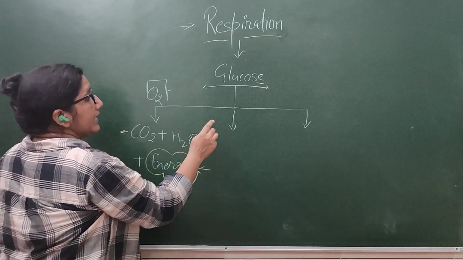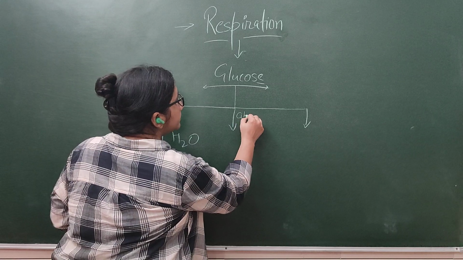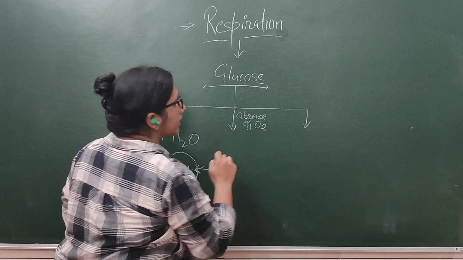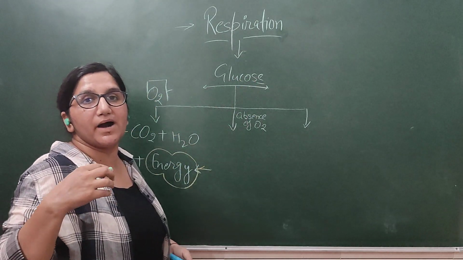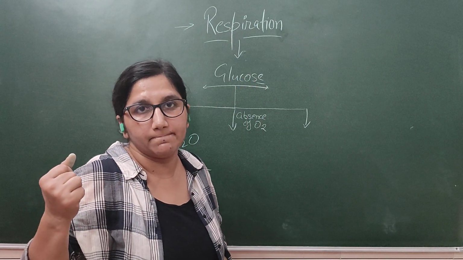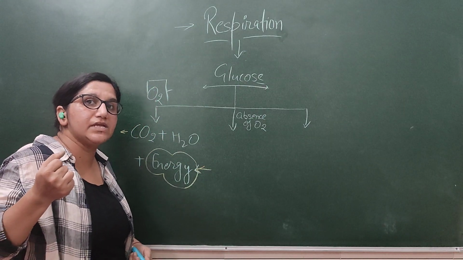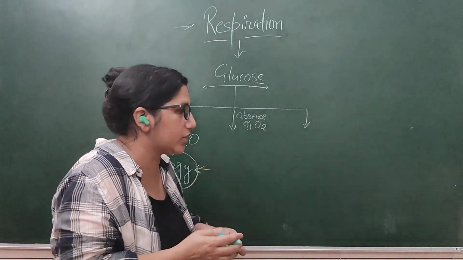Now, let's discuss in case of absence of oxygen, what is going to happen? This glucose is partially broken down. Partially broken down means energy is still trapped within those molecules.